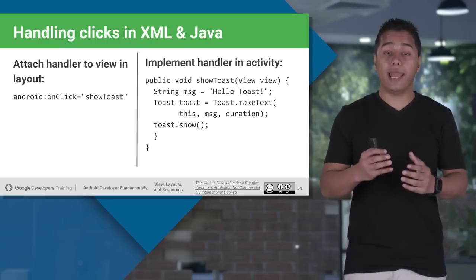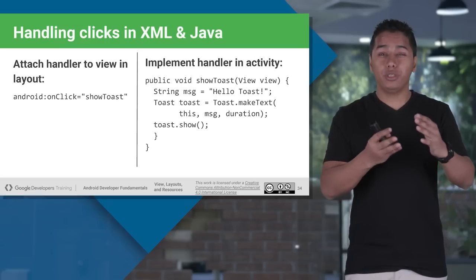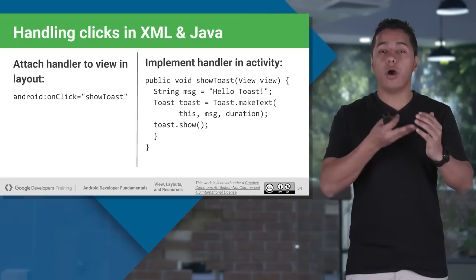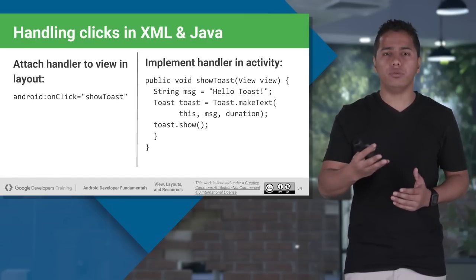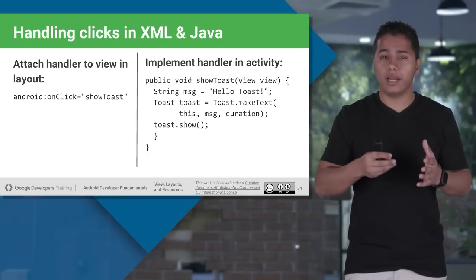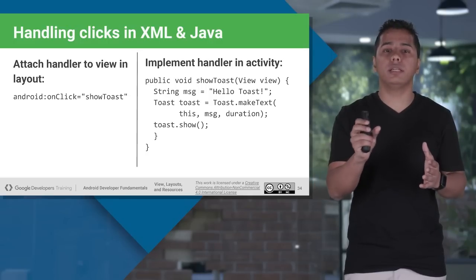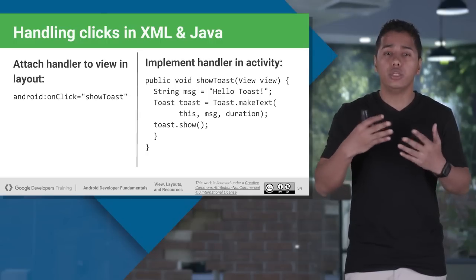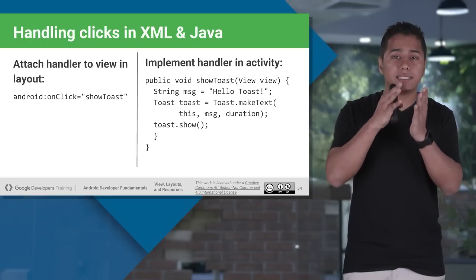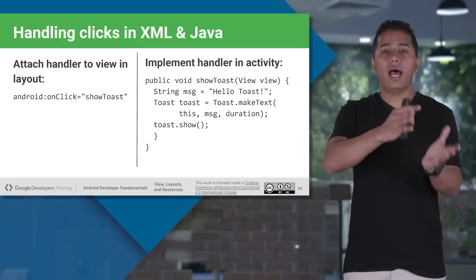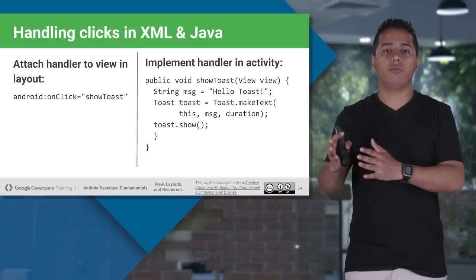When handling in XML, we put an attribute named onClick. A click event can be generated by any view, so you just have to put the attribute onClick and give the method name. It can be any name, like do something, show toast, do message. Then that same method you have to put in your Java file.